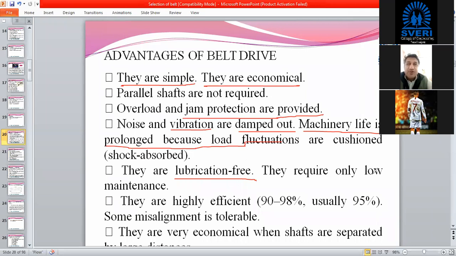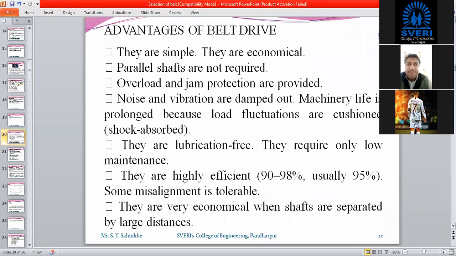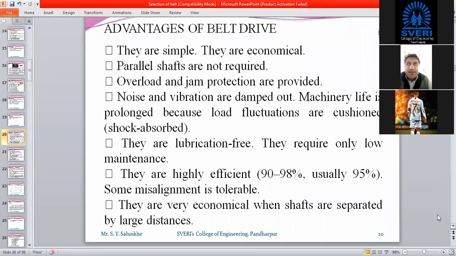Okay, so the next advantage which we are going to get is that very low maintenance is required for such types of drives, belt drives. And over all these things, they are highly efficient.